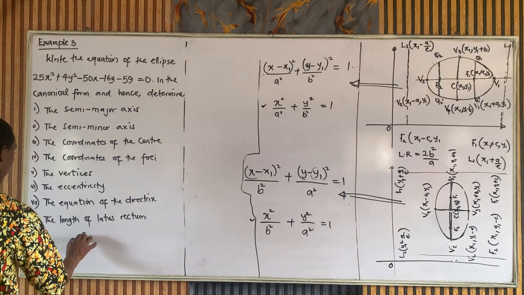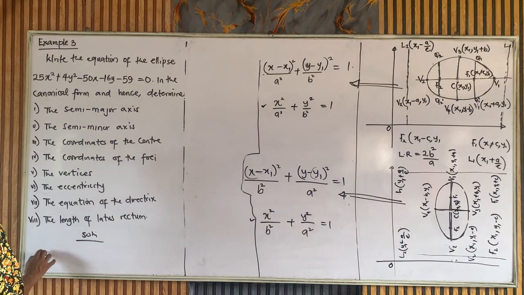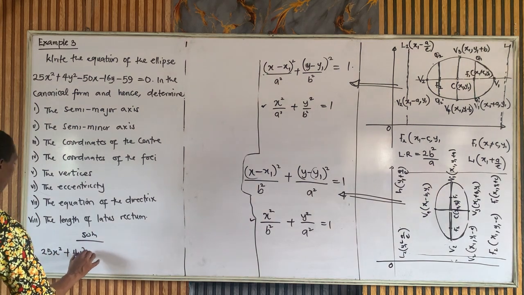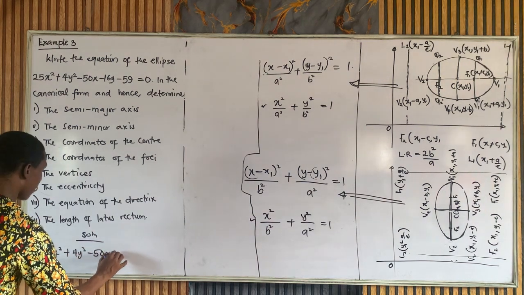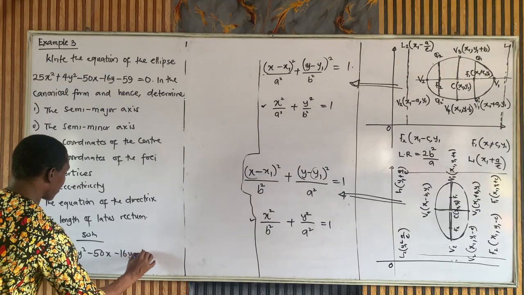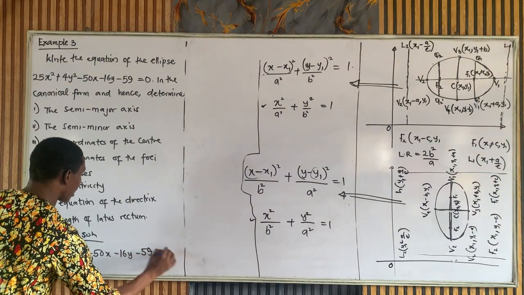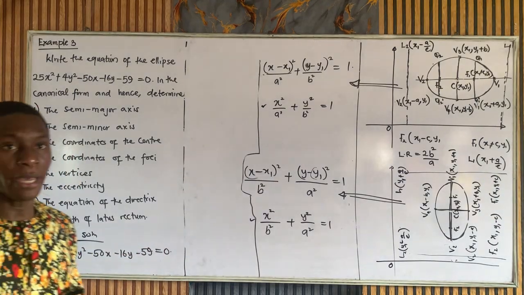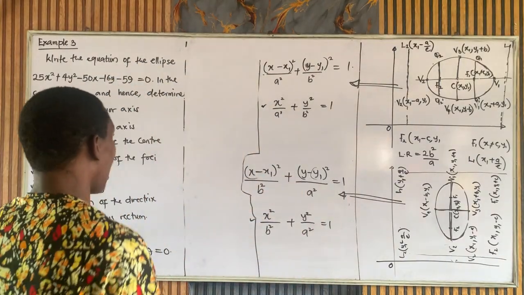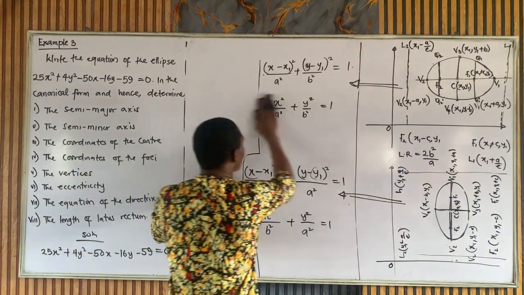And so to begin with, we have 25x squared plus 4y squared minus 50x minus 16y minus 59 equals 0. From here, I will have to rub off the whole of this actually.